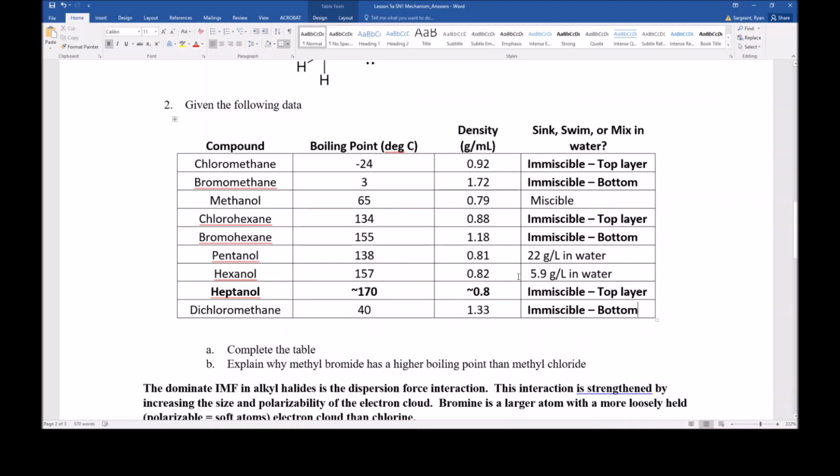What trend did you observe? Well, hopefully you noticed that bromines always sink. Hey, you have a bromine here that's going to sink. This bromine is going to sink. And that's true for iodines as well. Chlorines will sometimes float, the first two, the chloromethane and the chlorohexane, but then sometimes they sink, the dichloromethane.